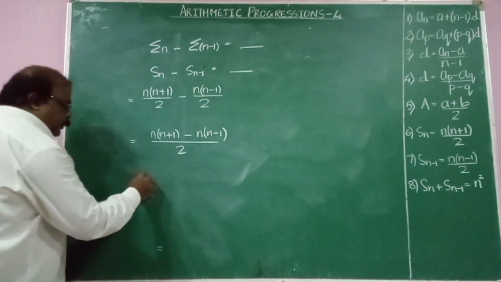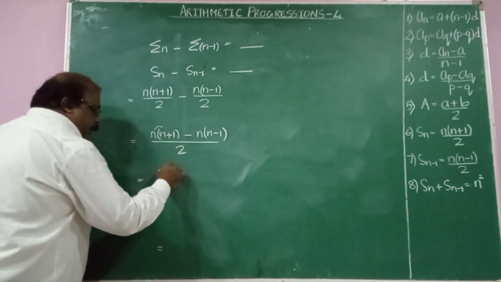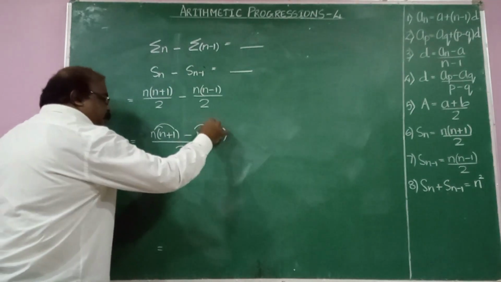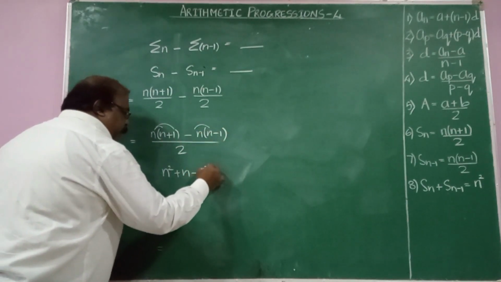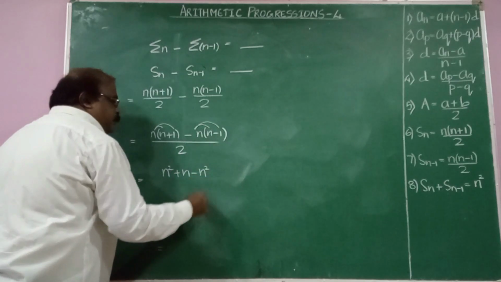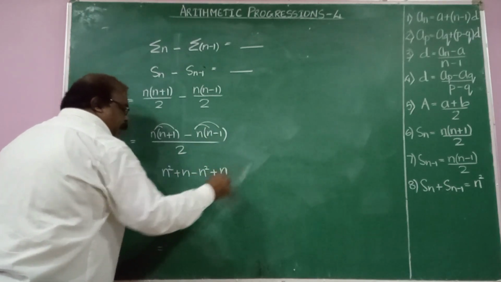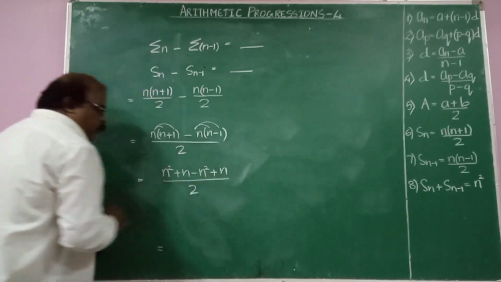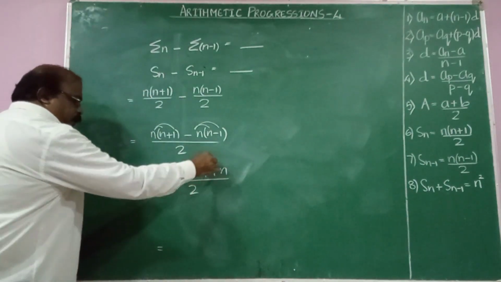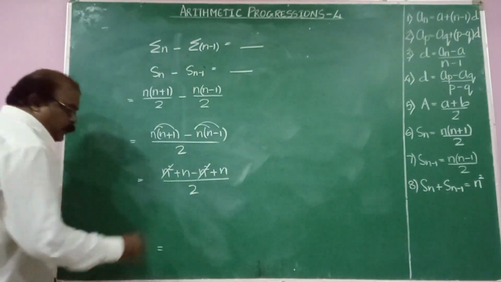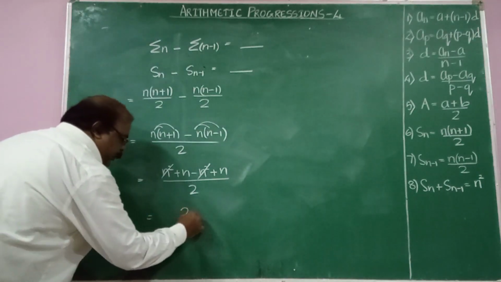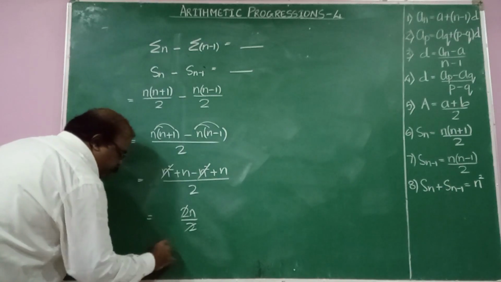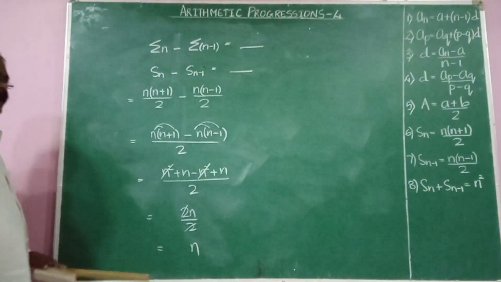So what will I get? N into n square, n into 1, n, minus n into n, minus n square, minus into minus plus n into 1, n. Here what happens? Plus n square and minus n square cancel. So 1n plus 1n is 2n upon 2. So what will be my final answer?